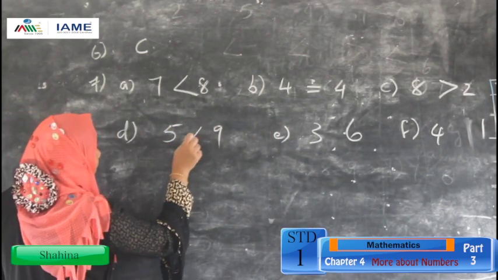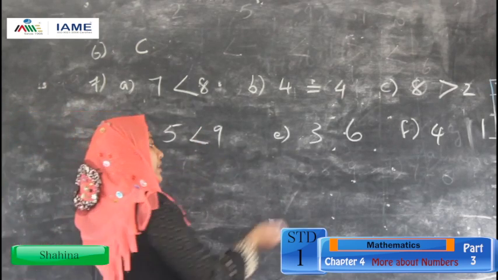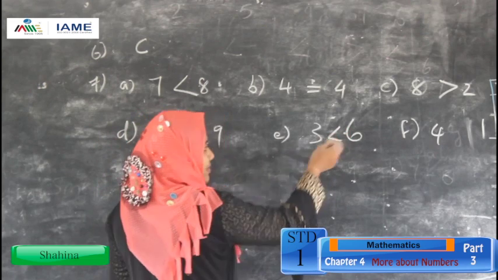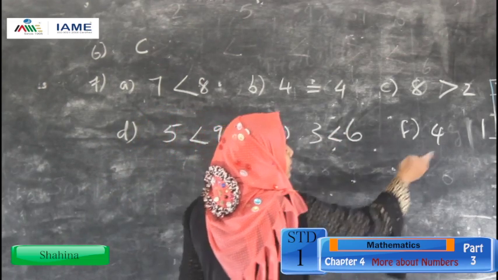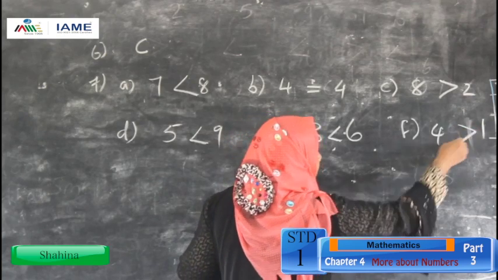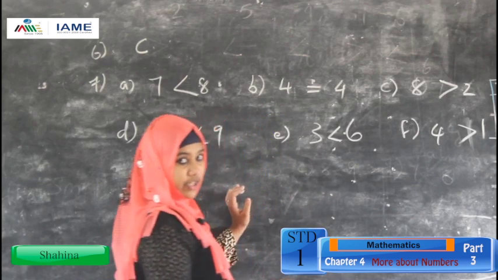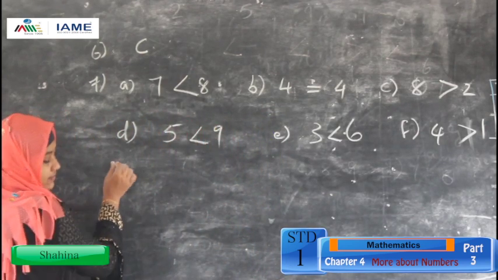Yes, the open mouth we have to draw to the 9, the greater one. And here also the same symbol. 6 is the greater and 3 is the smallest. And 4, 1. The 4 is the greatest and 1 is the smallest. Then we have to give that symbol. Okay. Then the 8th one.